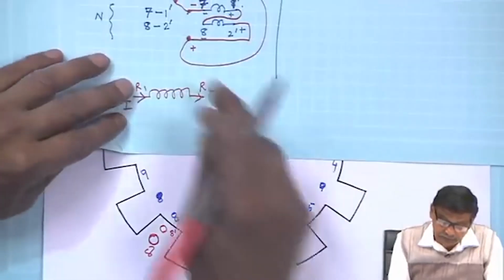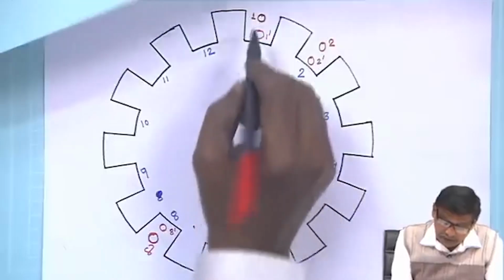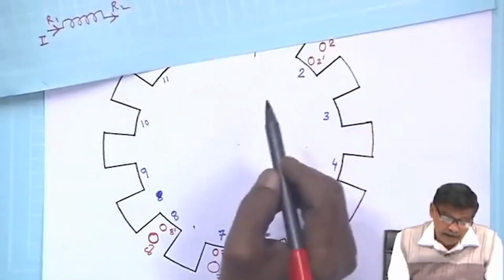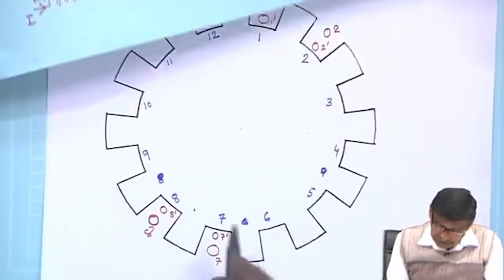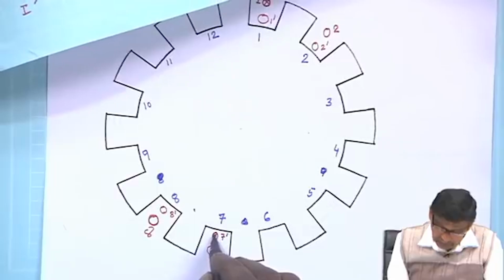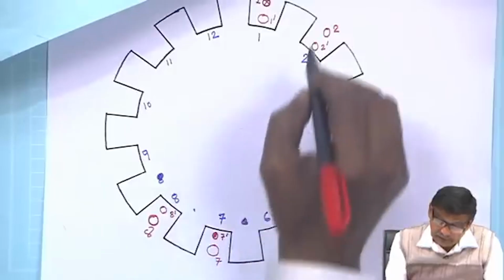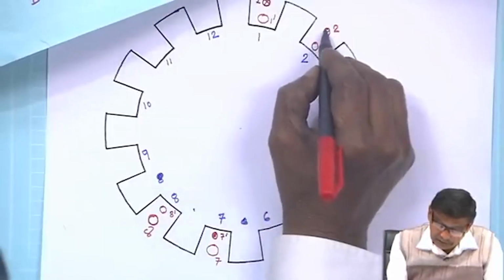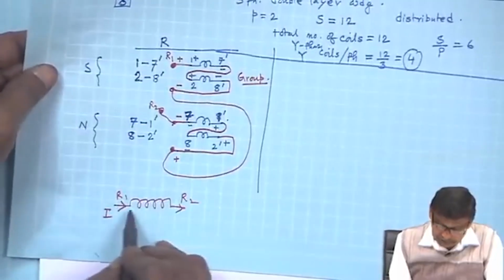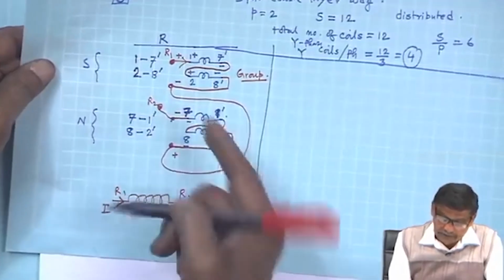Current enters through 1 for this first coil, so it will be cross; current comes out from 7 dashed, it will be dot; then current enters through 2, it will be cross; current comes out from 8 dashed because of this connection, all are in series and you are passing current like this.